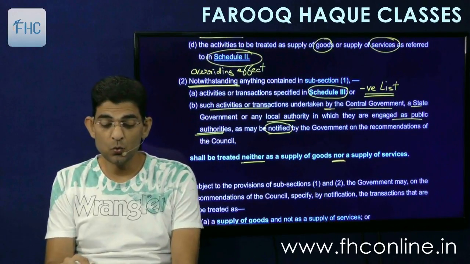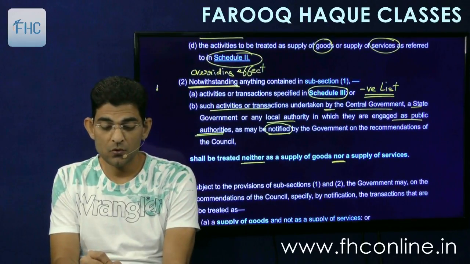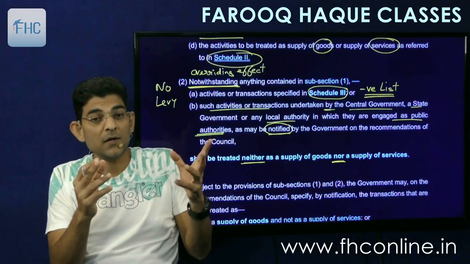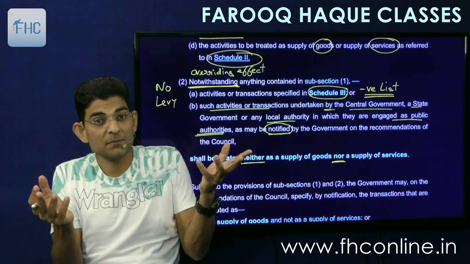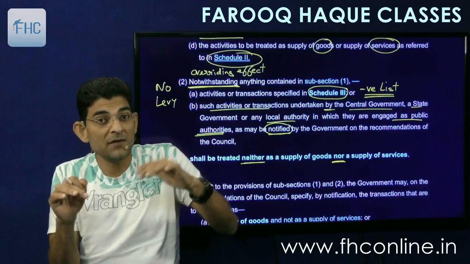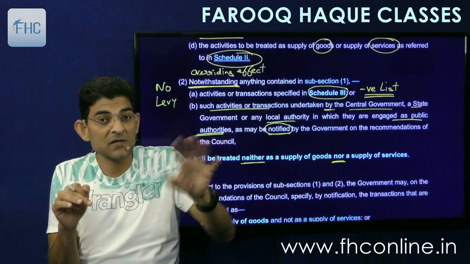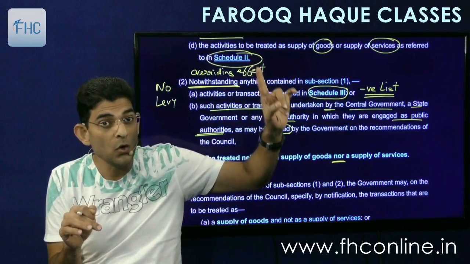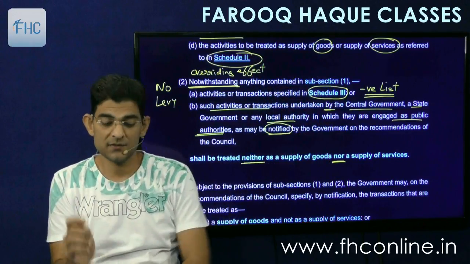So for subsection 2, you write down no levy, because they are not supply. No supply, no levy. Simple. If they are not called a supply, they cannot be a levy, because levy is on supply. And if you say that these transactions are not supply, means there is no levy of tax.